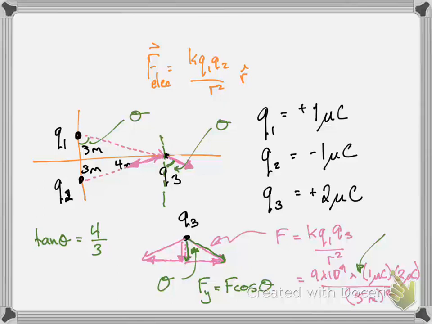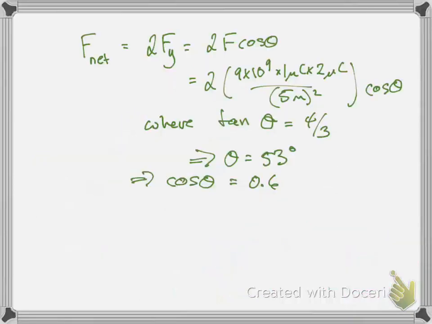And remember, we're adding the two y components, which turn out to be the same because of the numbers that I chose. So the net force, which is in the downward direction, where those two vectors are parallel to each other, is going to be adding the y component of Q1 on Q3 plus the y component of Q2 on Q3. They're the same, so it's just going to be 2 times one of the y components.